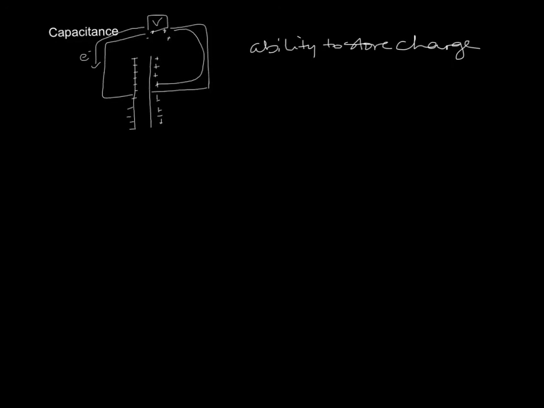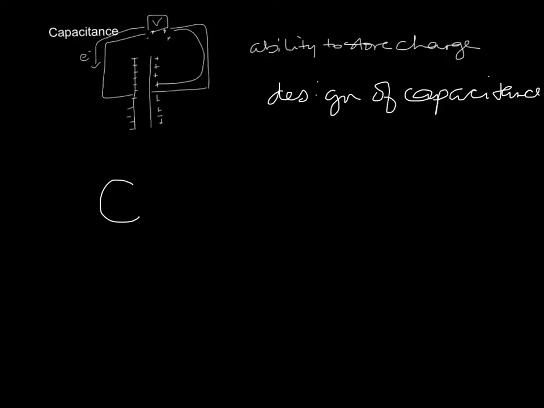All right, the capacitance itself, though, is abbreviated with a big C, not to be confused with charge. But it's a function of the design of the capacitor. So once you've made your capacitor, it has a certain capacitance that does not change. You can have more charge on it, you can have more voltage on it, but it's not going to change in and of itself.